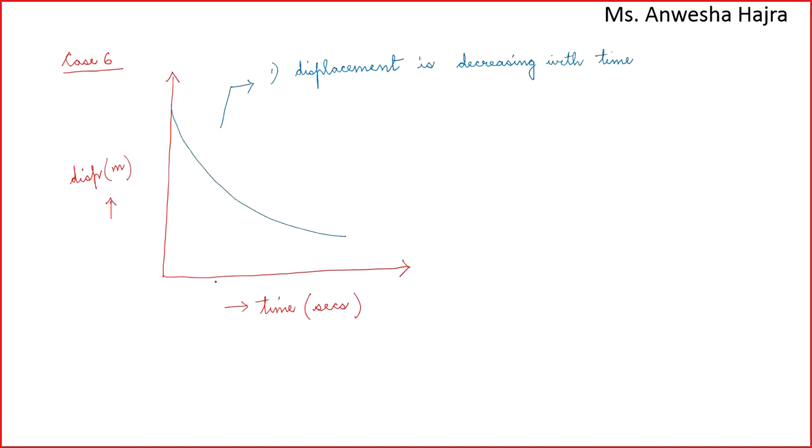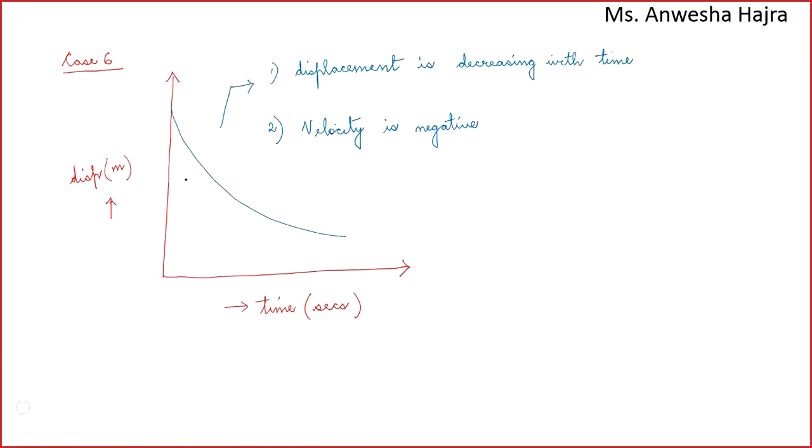As time is increasing, displacement is decreasing. So that means body is coming back to the starting point. So we call it velocity is negative. Because with time displacement is decreasing, body is coming back to the starting point.